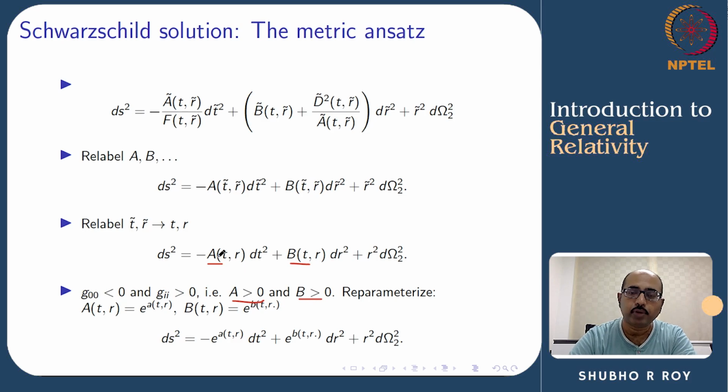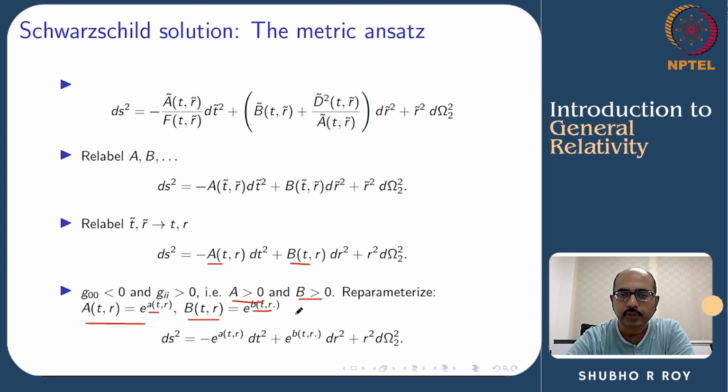Whenever we have a quantity which is positive, I can write it in exponential form. That is, A is the exponential of some real function little a of t and r, and B is the exponential of some real function little b, which is a function of t and r. The reason is that the exponential function is always positive over the entire range from minus infinity to infinity.